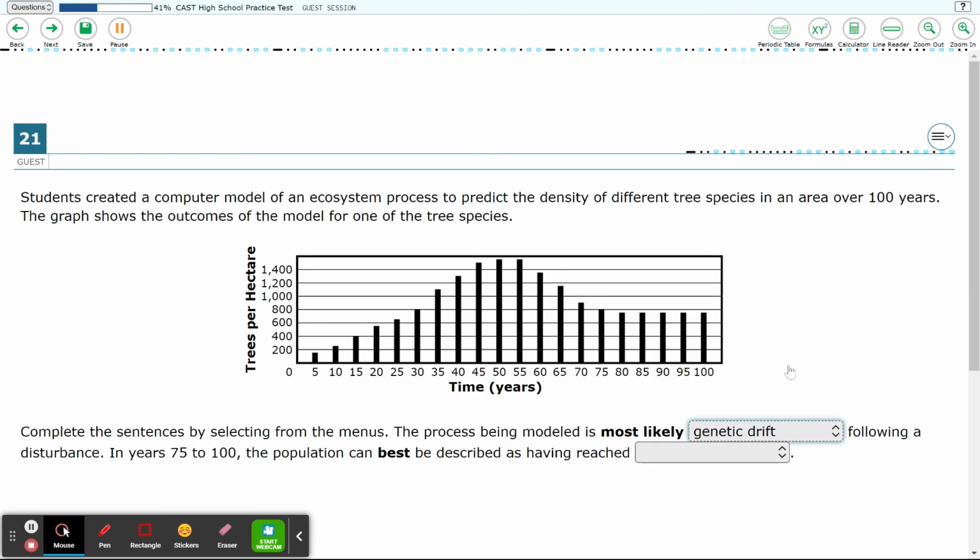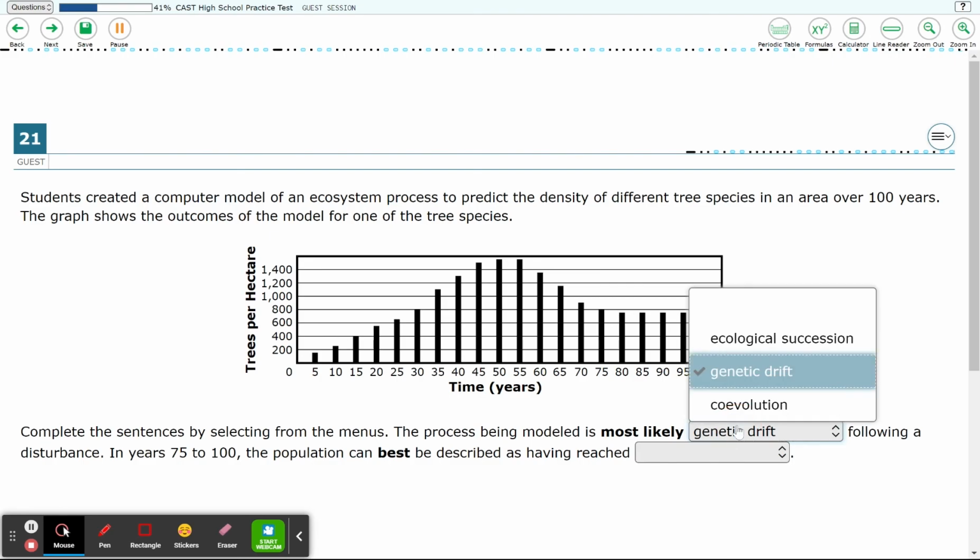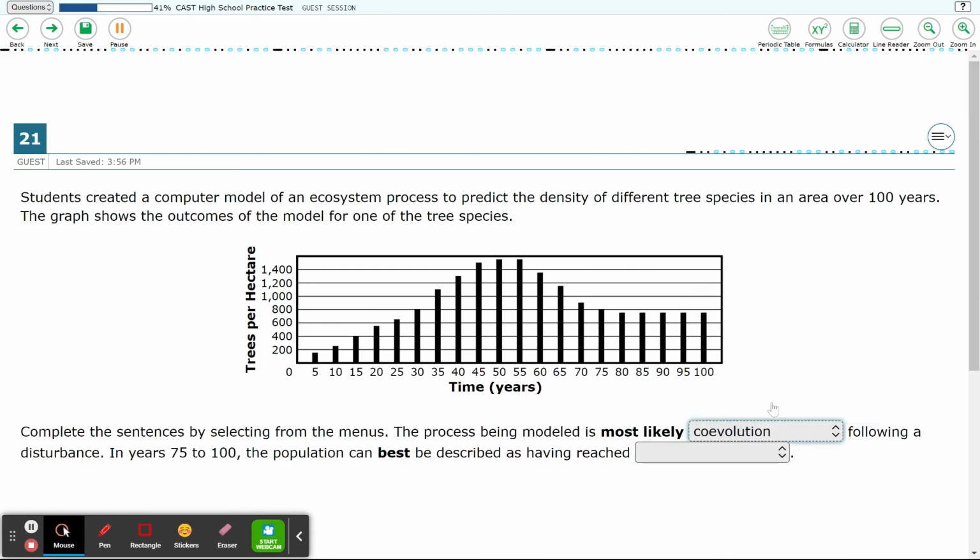Genetic drift is the change in frequency of an existing gene variant in a population due to random chance. We don't see anything about a gene changing, we just see the amount of the tree that is there. So genetic drift does not seem applicable to the situation we're talking about. Coevolution is commonly defined as reciprocal evolutionary changes brought about by interactions between species.